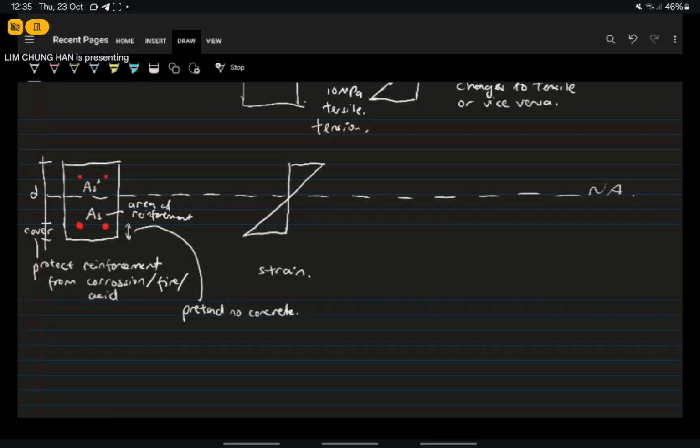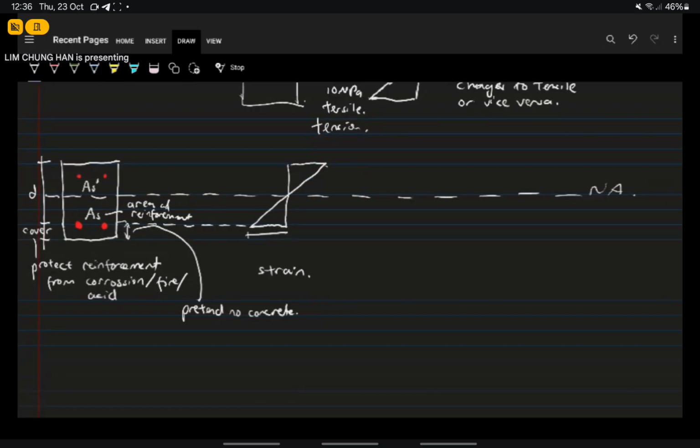We stop here. Oops, I drew too much. You stop at the bottom reinforcement. So we pretend there's nothing below the reinforcement. So that's a strain diagram.